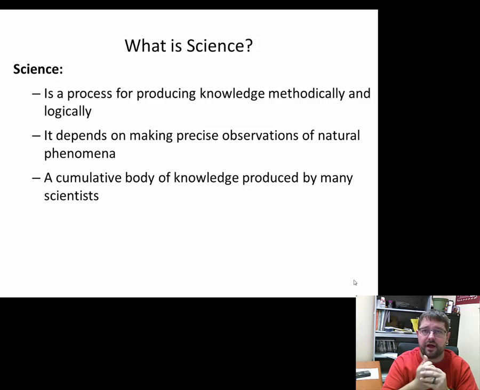The other thing that science has and will always have is this large cumulative body of knowledge. But that being said, the reason why a lot of modern science papers and modern science has many authors is because science is very difficult to do alone.